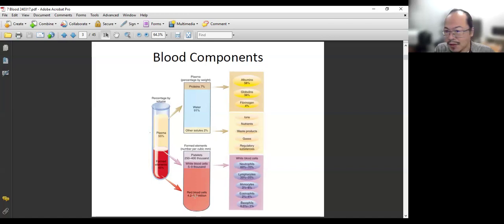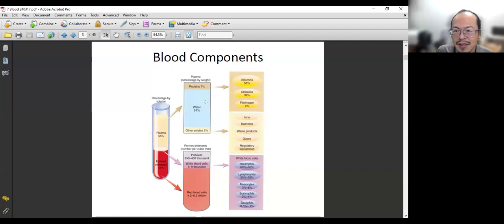Red blood cell is very homogeneous, very consistent. We only have one type of red blood cell. That's just red blood cell. It's also called erythrocyte. We will review that later. So that's the components of the blood. All right. First, you need to know there's plasma. When people talk about plasma, it basically is the components that don't contain the blood cells.